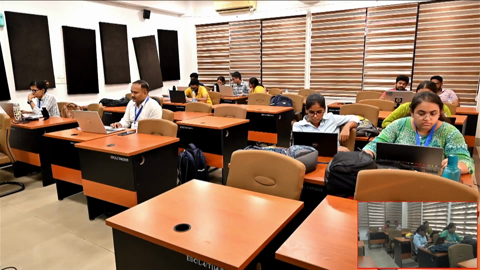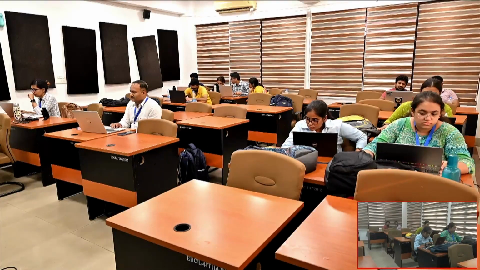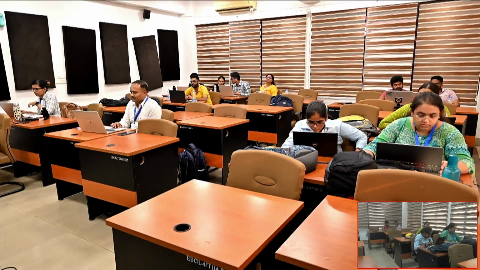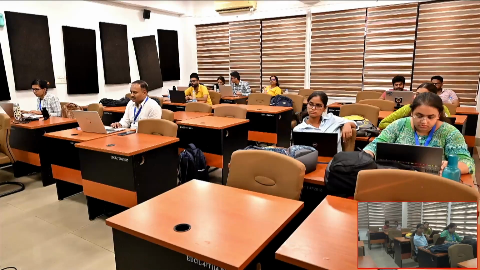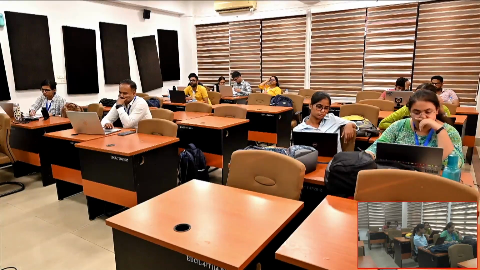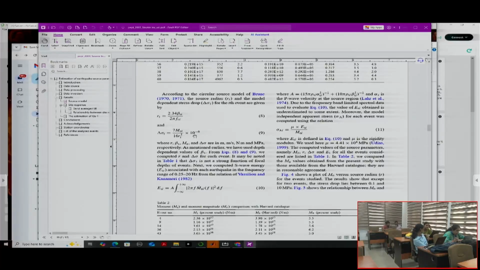You can also calculate the stress drop and the radius. If you have calculated this one, you can calculate the stress drop by using this relation.